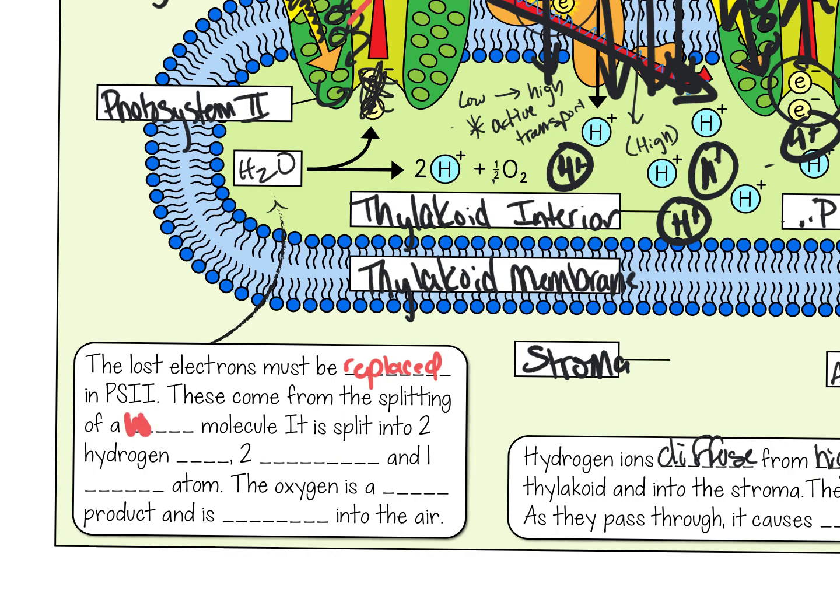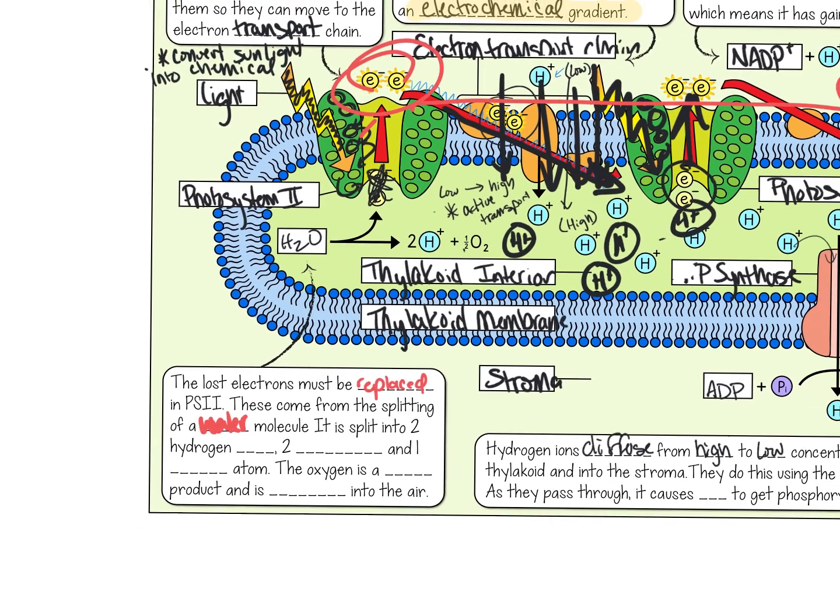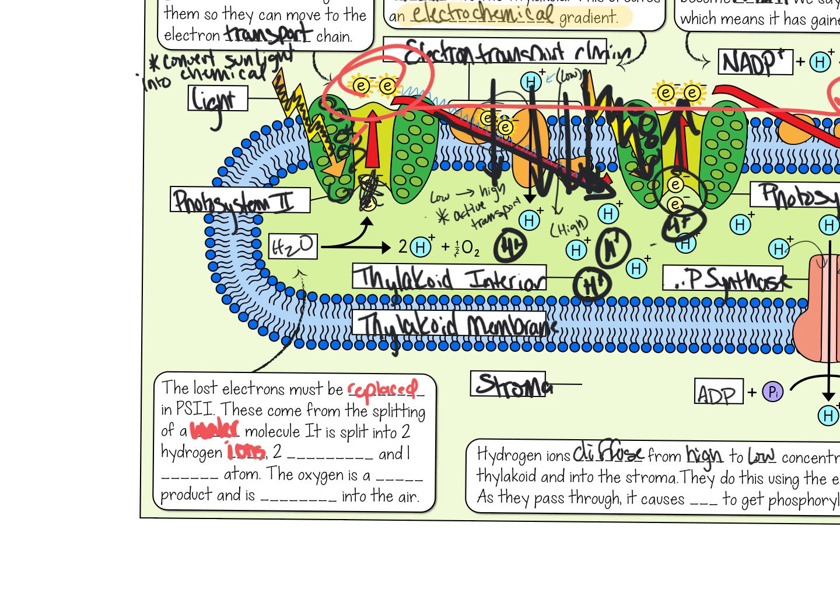This comes from splitting a water molecule, and it splits into 2 hydrogen ions, and now that should not say oxygens, my bad, it should say 2 electrons and 1 oxygen atom. The oxygen is a waste product and is released into the air through what? Through what? Through the stomata.